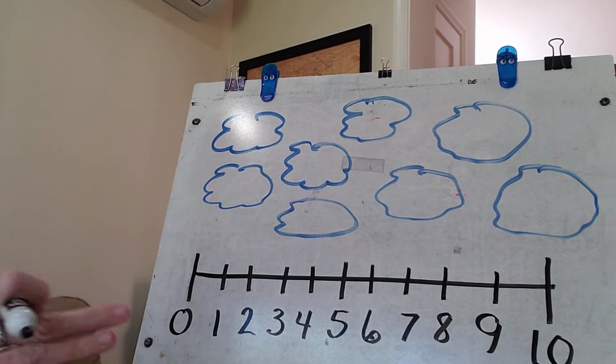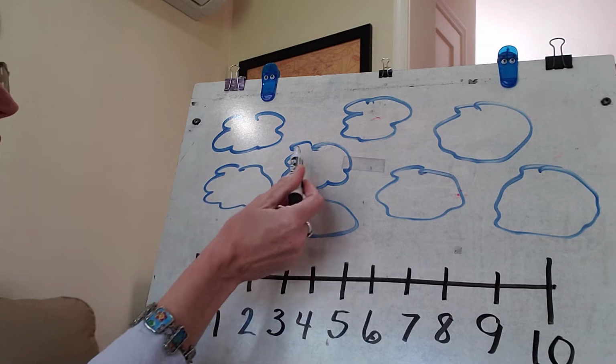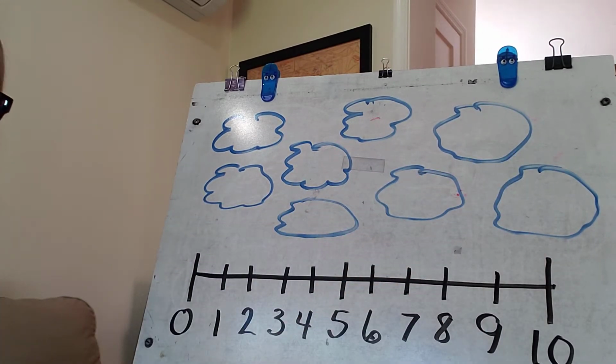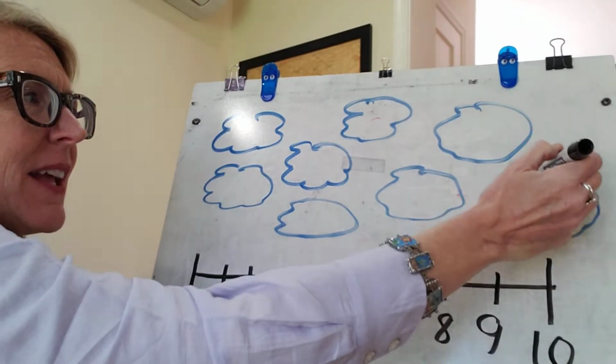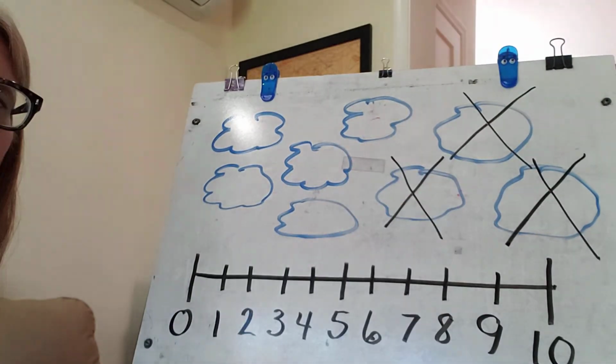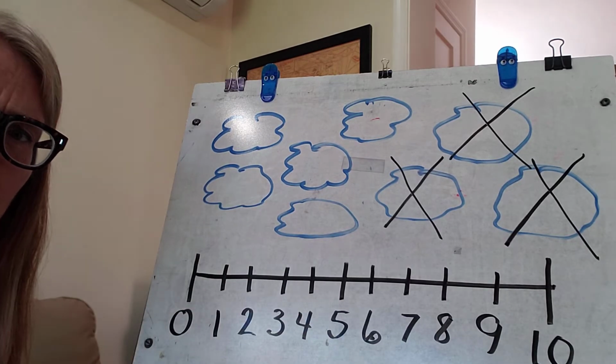Those big, white, fluffy ones up in the sky. Let's count them. 1, 2, 3, 4, 5, 6, 7, 8. But 3 of them get blown away. Big wind comes and blows them away.